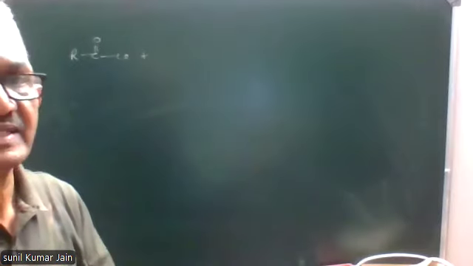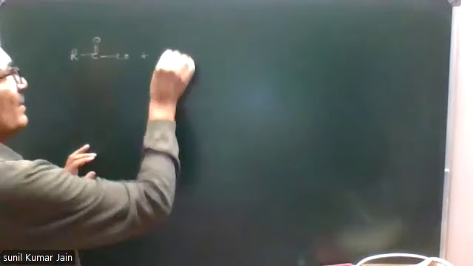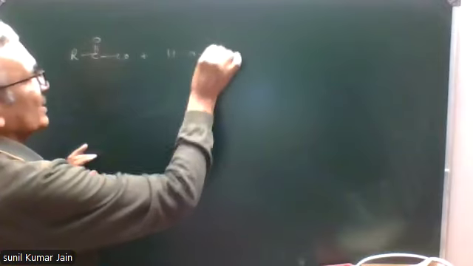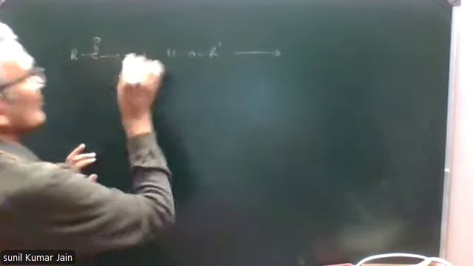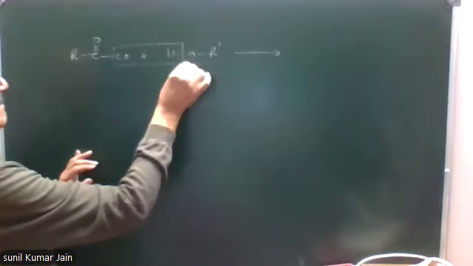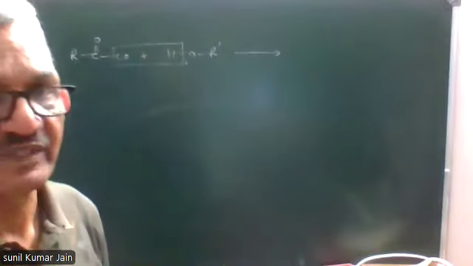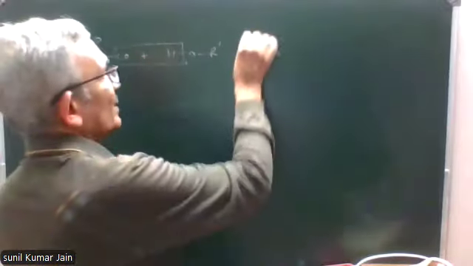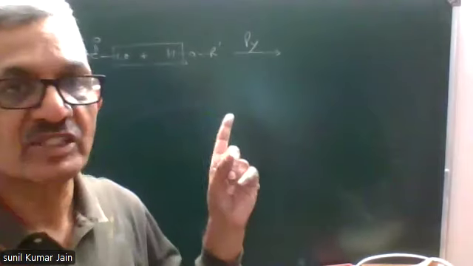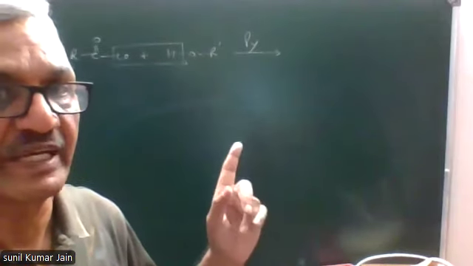Second equation. RCOCl is acyl halide plus alcohol. Again, OH cleavage of alcohol. This reaction takes place in the presence of pyridine, Py.